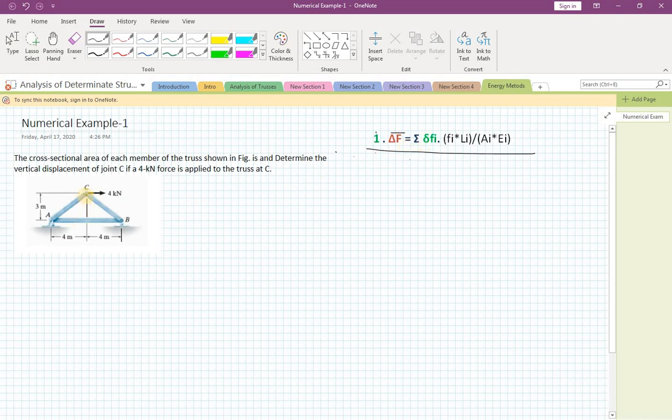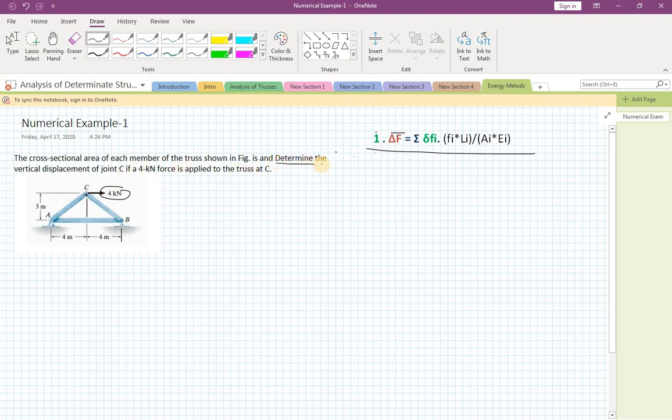What I will do now is take this truss without the external load of 4 kN. First I will apply a load of 1 kN at point C in the vertical direction. Please be attentive here. Why am I applying it in the vertical direction when the actual force is in the horizontal direction? You should carefully see what has been asked.